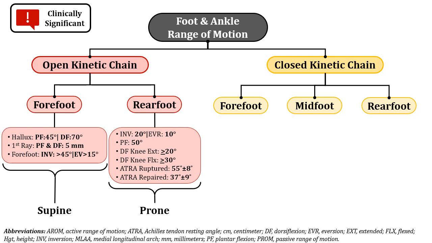The knee flexed versus extended position can be influential in this number. We looked at the dorsiflexion extension. A dorsiflexion with a knee extension, 20 degrees and then 30 degrees respectively with the knee flexed, and how flexed, over 20 degrees. We talked about the ankle tendon, the Achilles tendon resting angle in ruptured as well as in repaired tendons. We spoke about the forefoot.